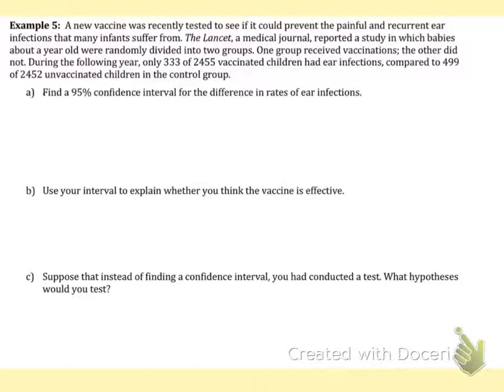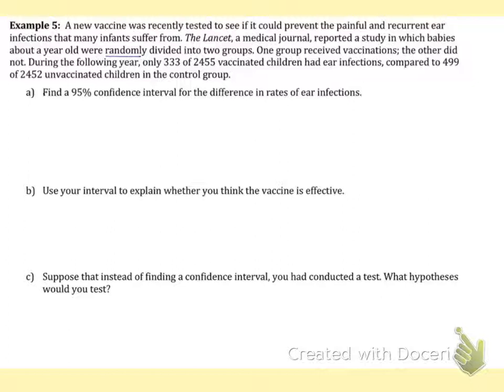So it's asking us to find a 95% confidence interval. I just quickly want to talk about the assumptions and conditions. It says the kids were randomly divided into two groups, so we have random groups.